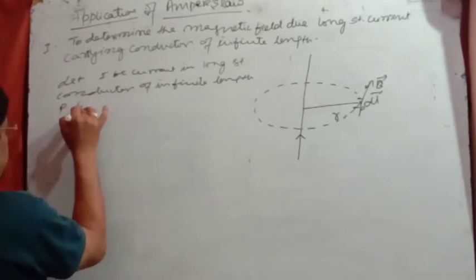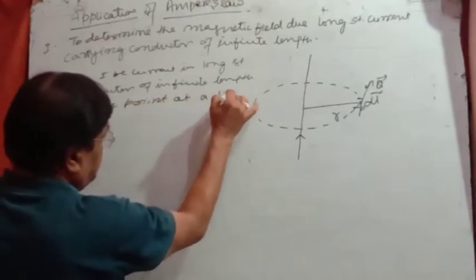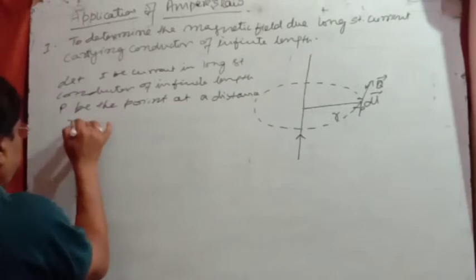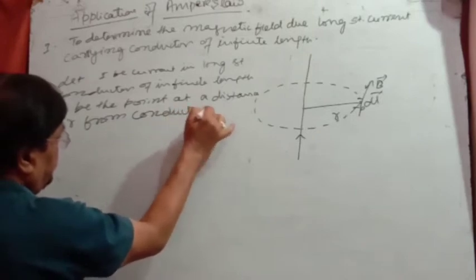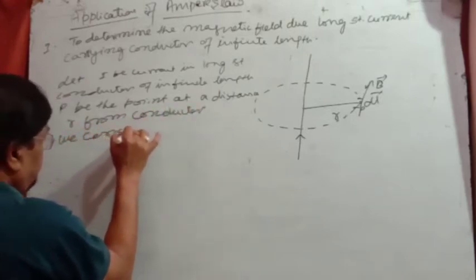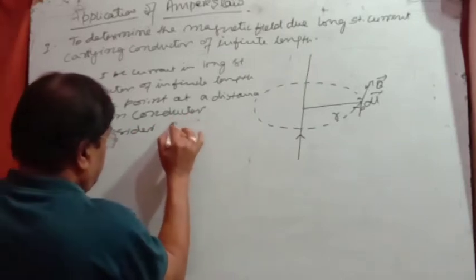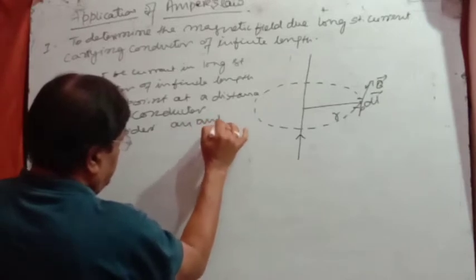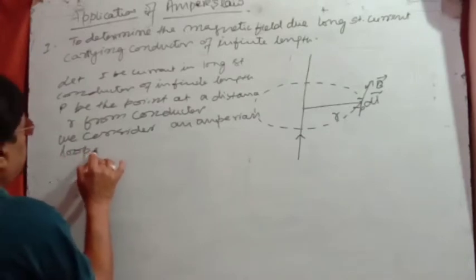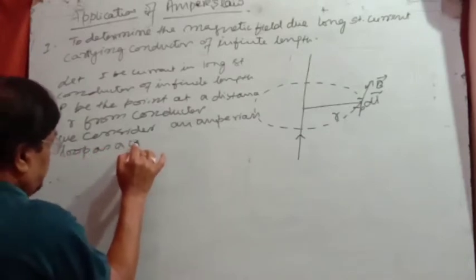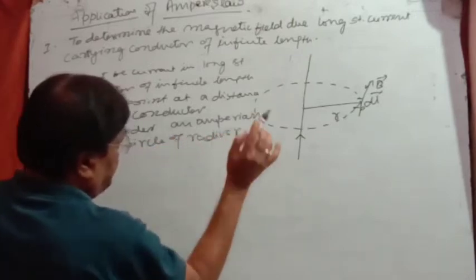Let P be the point at a distance r from the conductor. We consider an Amperian loop, as a circle of radius r.